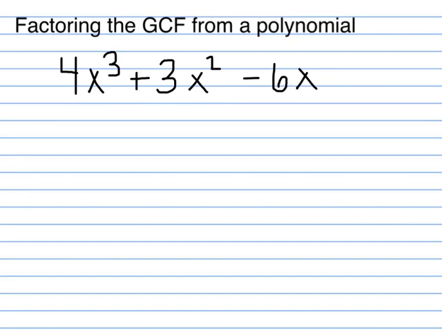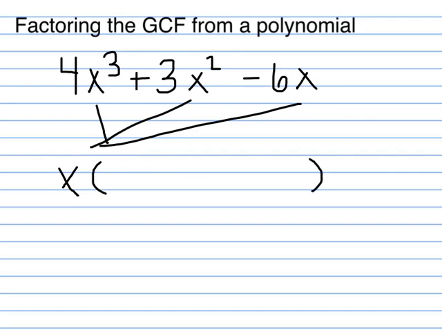So what I'm going to do is divide out an x from each term here. That x that I divide out goes in the front of my polynomial. And then since I'm dividing the x out, 4x cubed divided by x would be 4x squared.